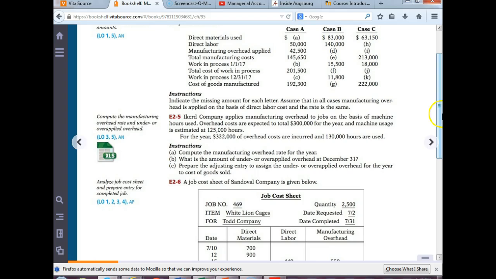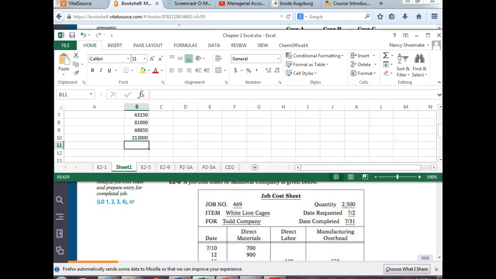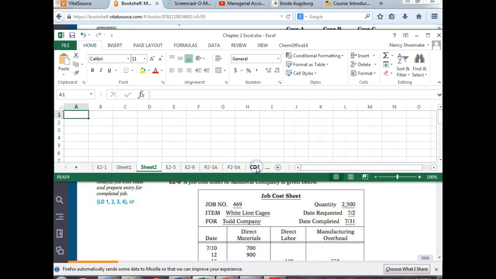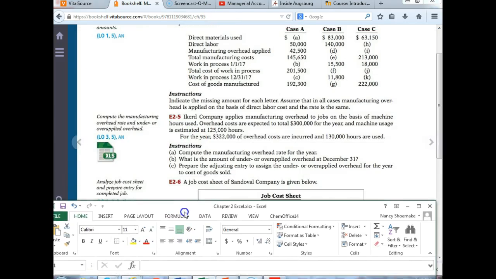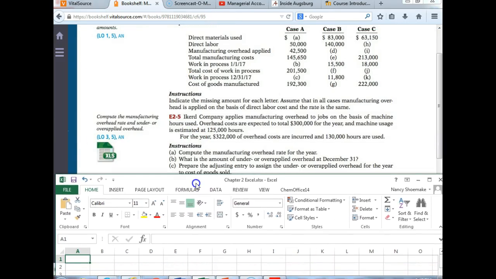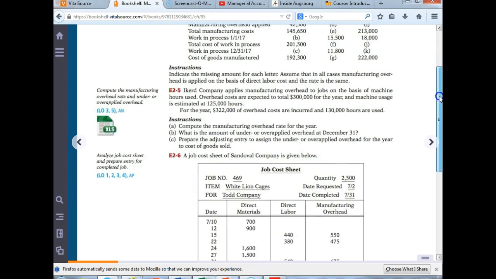So let's do that first. How are we going to compute the overhead rate? Aren't we going to take expectations? We expect it to be 300,000 overhead, and we're going to apply it based on machine hours of 125,000 machine hours, right? So let's do it this way.